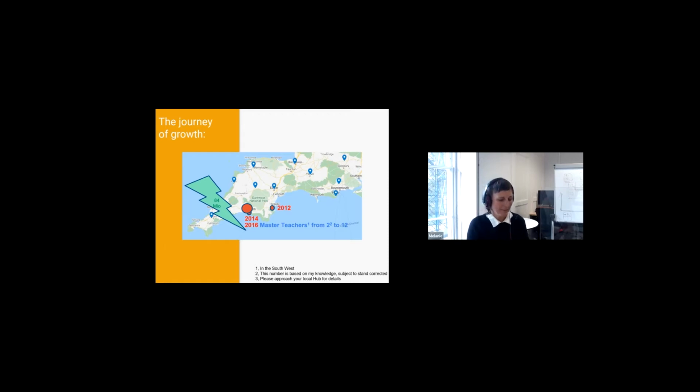So this is where we were. And then in 2018, we had 3 hubs in the Southwest. The 3 hubs that Mark already mentioned. So there is Somerset, there is us in Exeter, and Mark, of course, yourself in Truro.